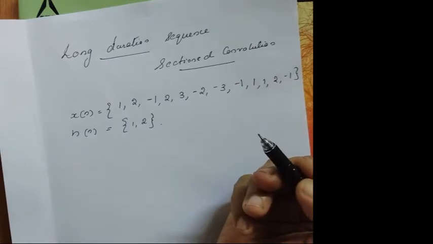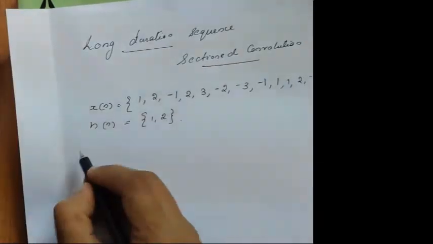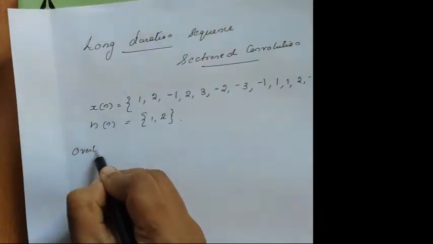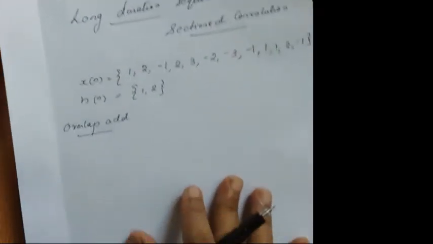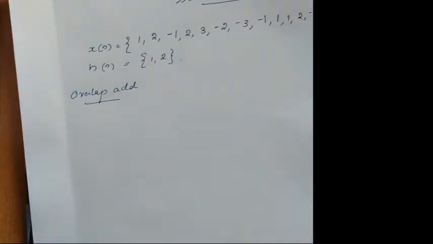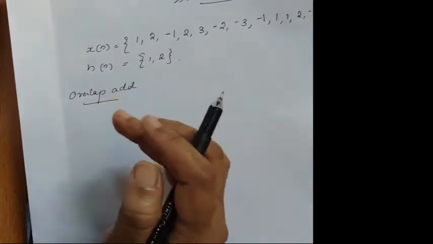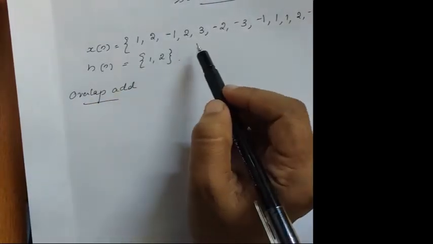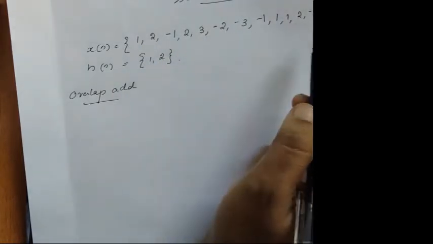This long duration sequence can be done using two methods. One is the overlap add method and another one is the overlap save method. Let us go for the overlap add method. In this, as we have said, we have to divide this longer duration sequence into smaller sections.